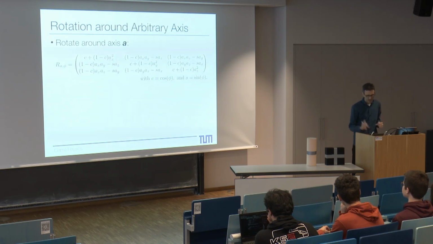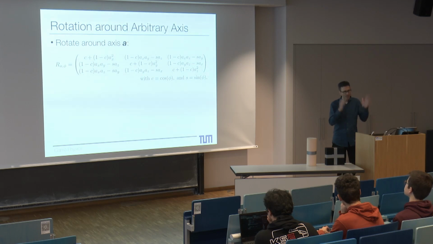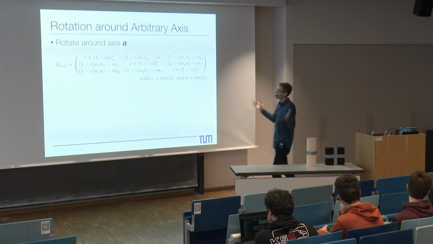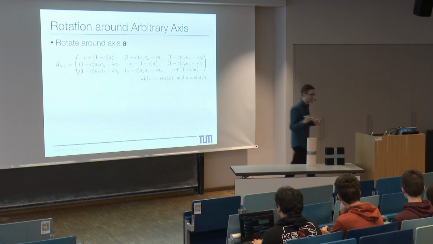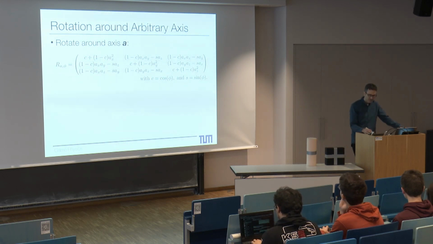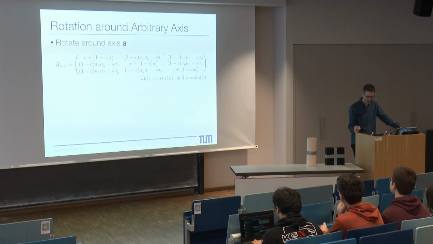However, you can actually show, instead of setting up separate matrices and multiplying them together, you can directly combine that into one expression to construct a matrix. And this is now a generic rotation matrix that rotates around any axis given by this vector a, ax, ay, az, by an angle phi as before. And it's actually very similar.